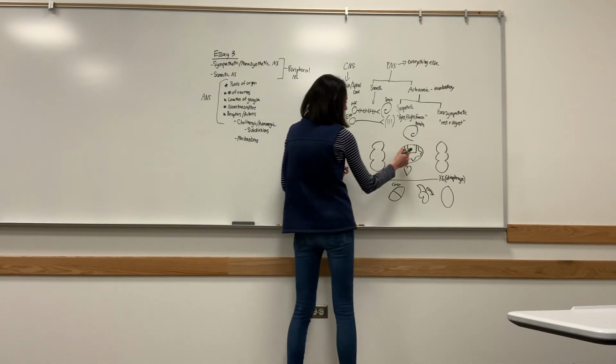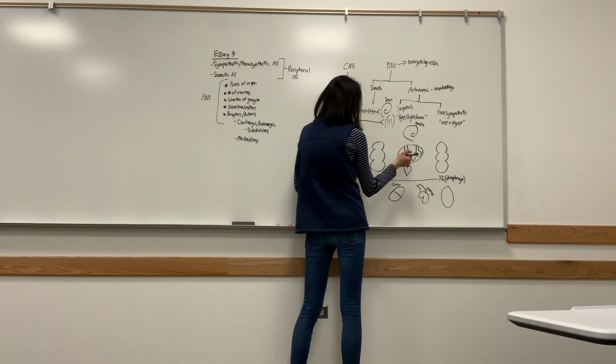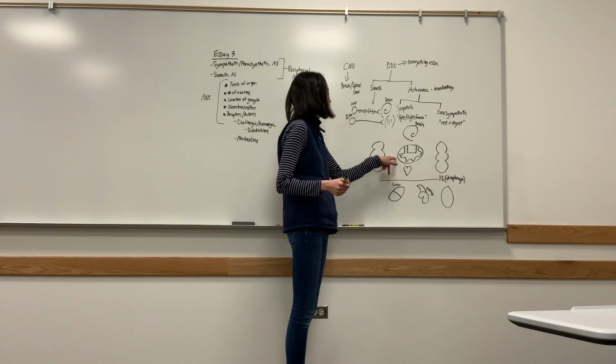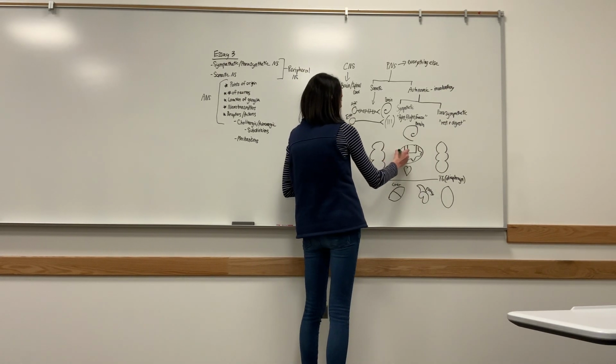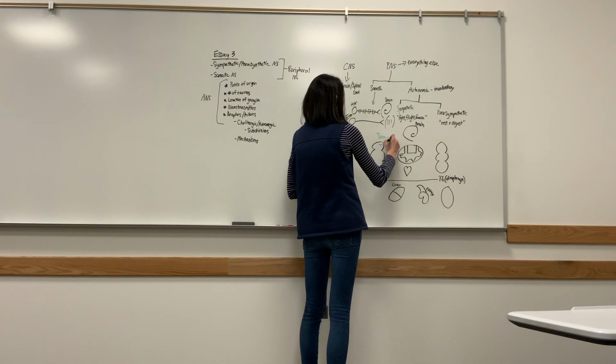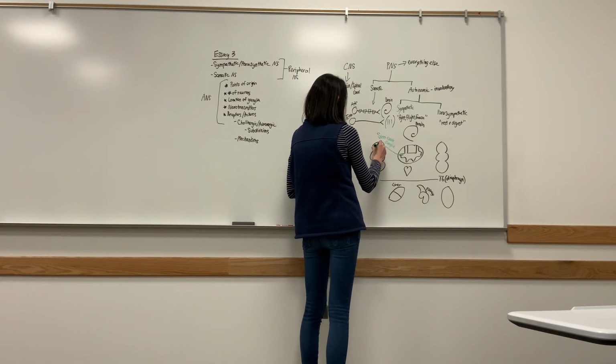So the first one, we will start in what's called the lateral horn of the spinal cord, specifically the ventral root. And that is going to go through the sympathetic chain ganglia, where it's going to synapse into another neuron.